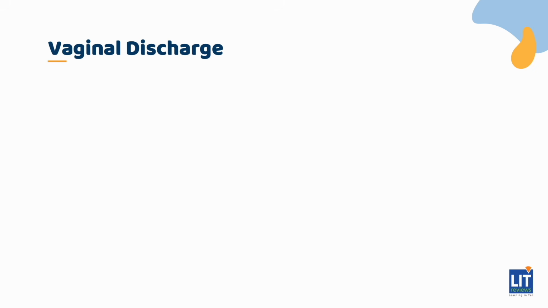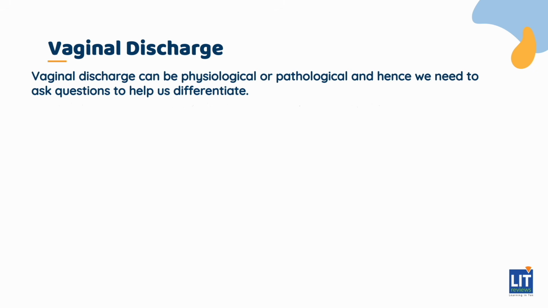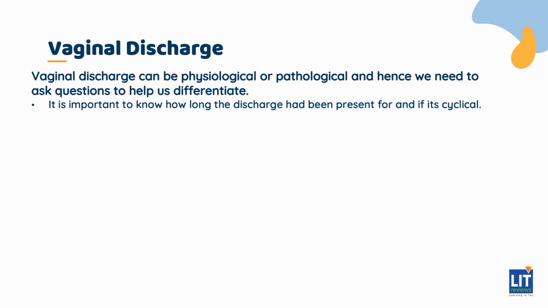Vaginal discharge, an important topic at the gynecology clinic, can be categorized as physiological or pathological. To differentiate between the two, it is essential to ask specific questions. First and foremost, it's important to determine the duration of the discharge.